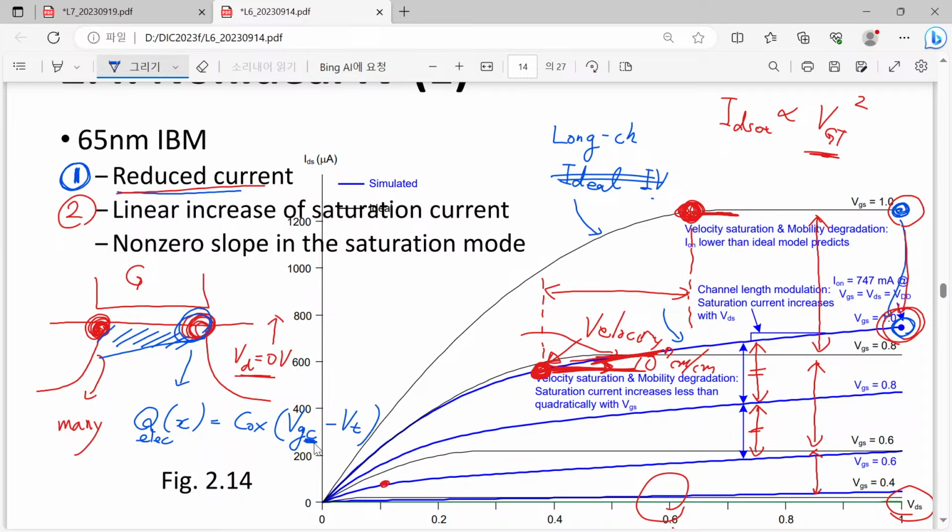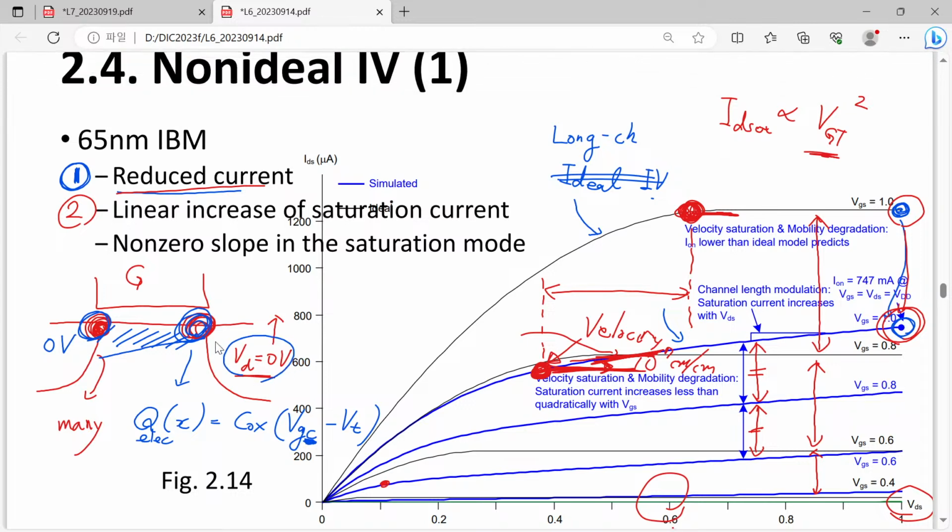The difference between channel voltage and gate voltage is important. However, the source side is always biased to 0 volts. But when we have higher and higher drain bias, the drain voltage affects the channel voltage at the drain end.